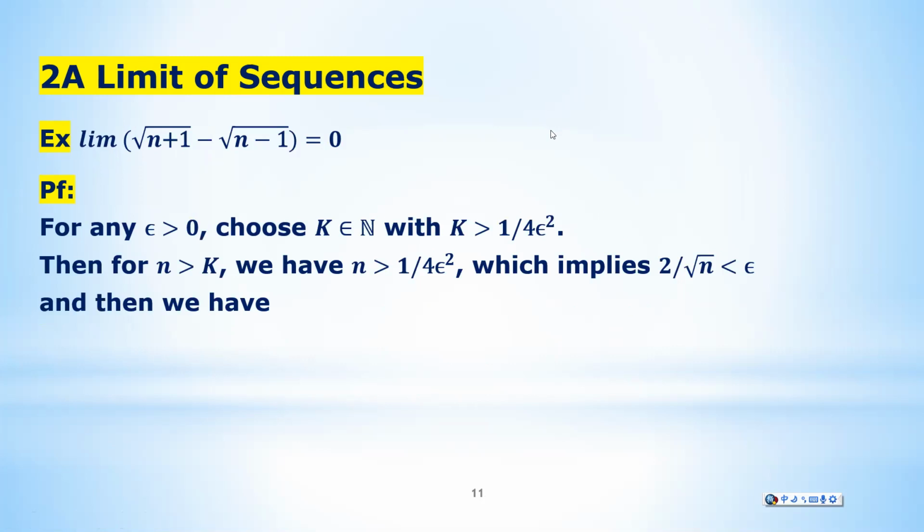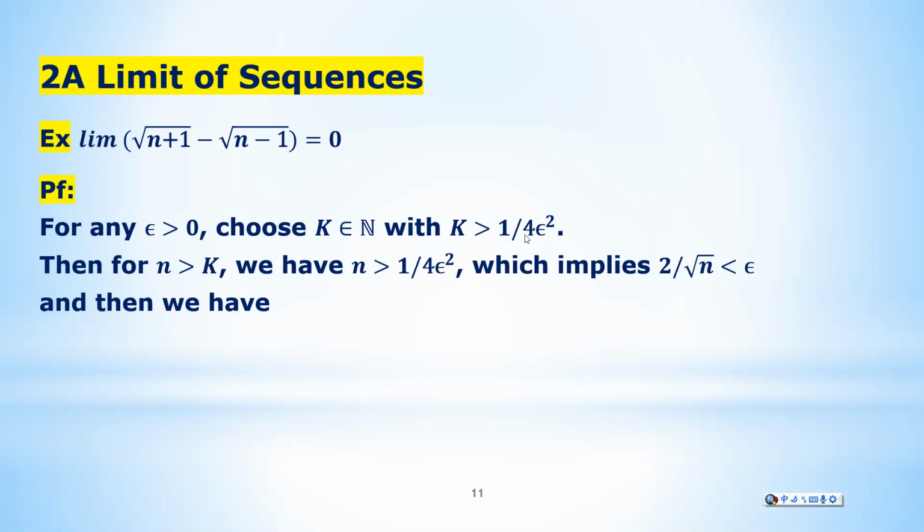So in the proof, maybe we have to go back to the previous slides. So here, for every given epsilon, epsilon is given, and we choose K greater than this number.